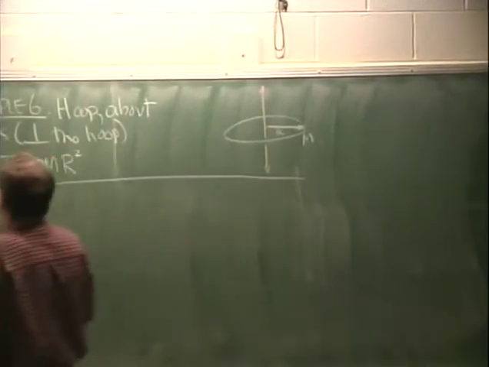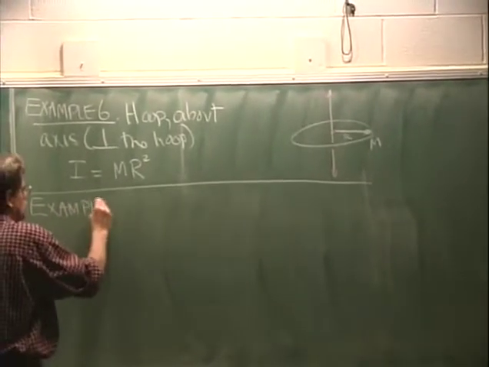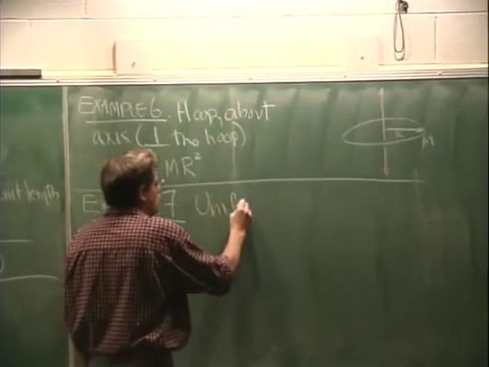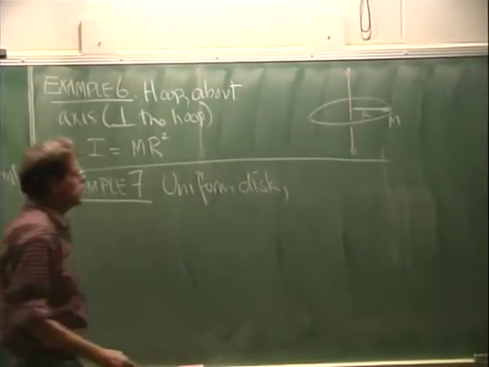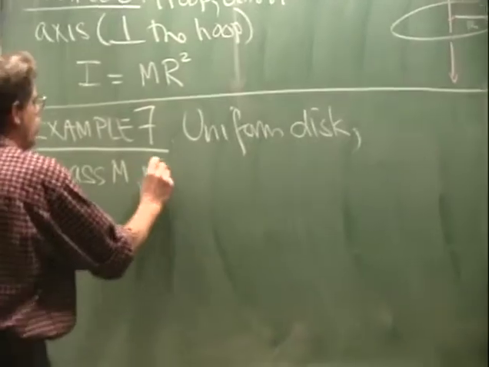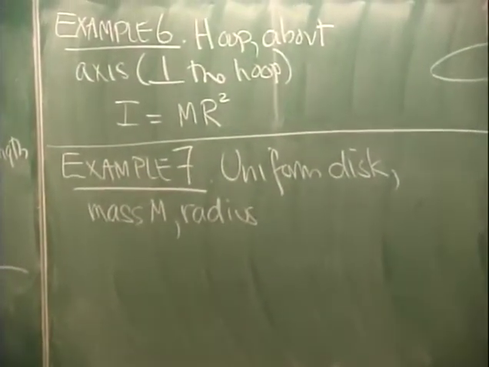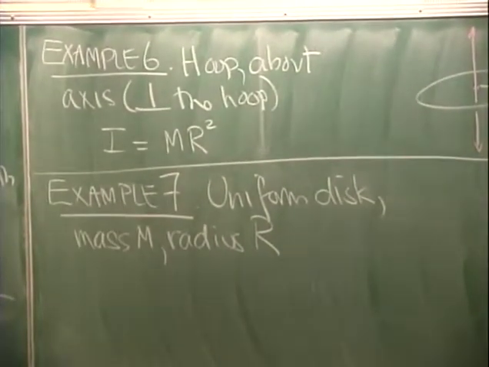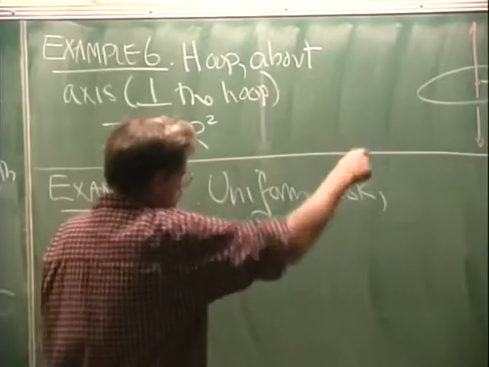Let's go with this. So, uniform disk of total mass M, radius R. This time I'm going to be careful about what variables you're allowed to use in the answer. Mass M, radius R, and about an axis that's perpendicular, same as here.